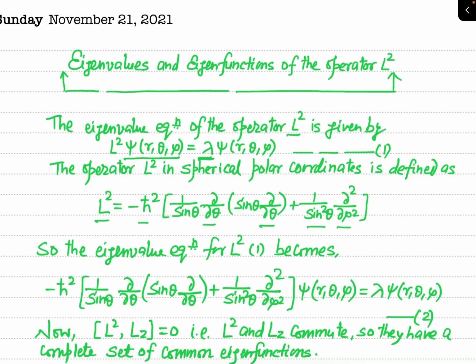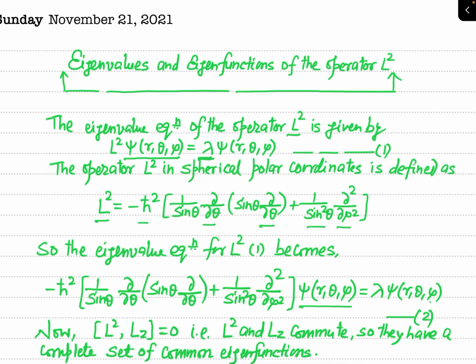Then your eigenvalue equation will become: minus h bar square times [1 over sine theta del by del theta sine theta del by del theta plus 1 over sine square theta del 2 by del phi square] operated on psi of r theta phi equals lambda psi of r theta phi. So this is the eigenvalue equation of the operator L square in a spherical polar coordinate system.